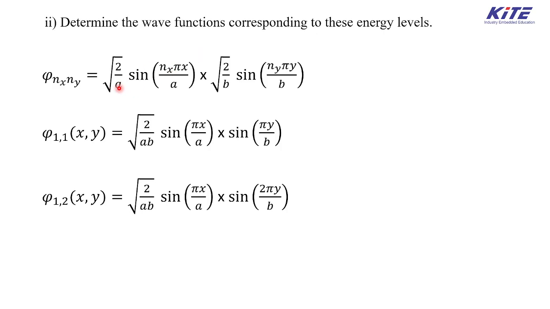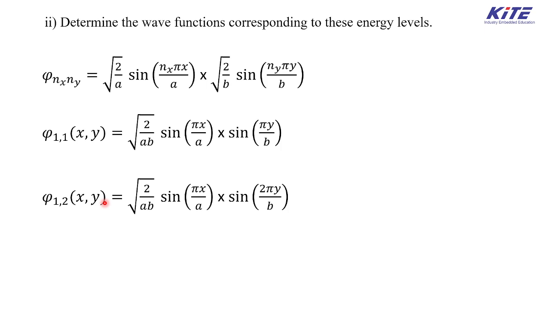So a is equal to 1, b is equal to 1, and nx equal to 1 and ny is equal to 2. We can substitute in this equation, psi 1 1 of x comma y, it is 1 comma 1, equal to root 2 by a sine pi x by a, into sine pi y by b.